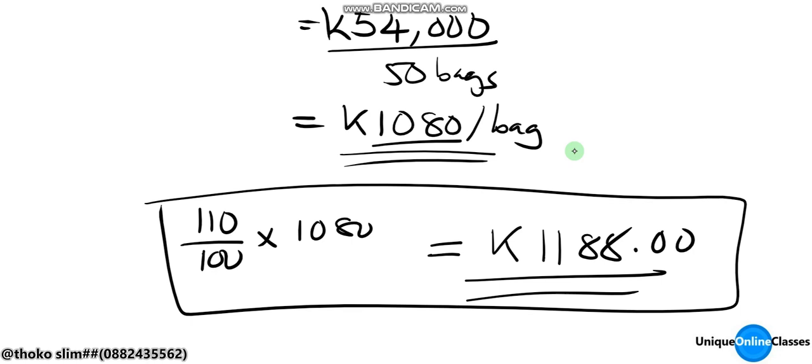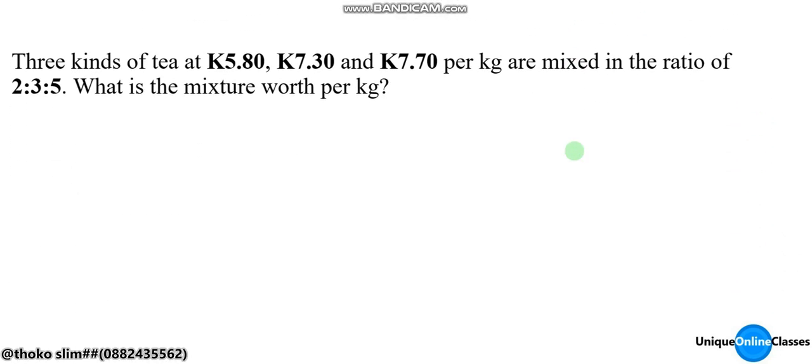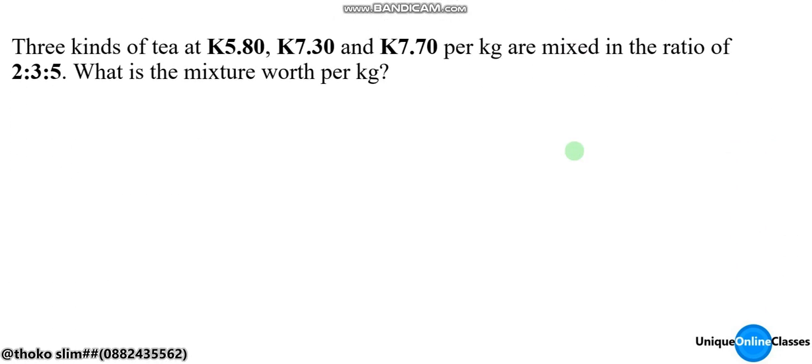And let's now move on to the final question. Three kinds of tea at 5 kwacha 80 tambala, 7 kwacha 30 tambala, and 7 kwacha 70 tambala per kg are mixed in the ratio of this one.